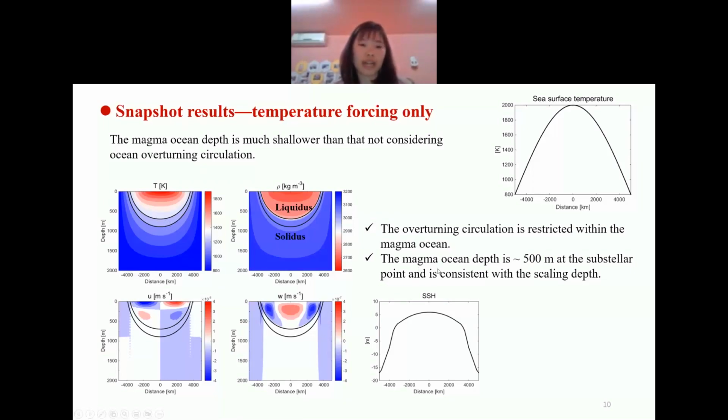We should also note that our numerical results are nearly consistent with the depth obtained from scaling theories, as this relationship shows. This scaling can be obtained using the equations we use. For time limit, I will not explain this scaling too much.